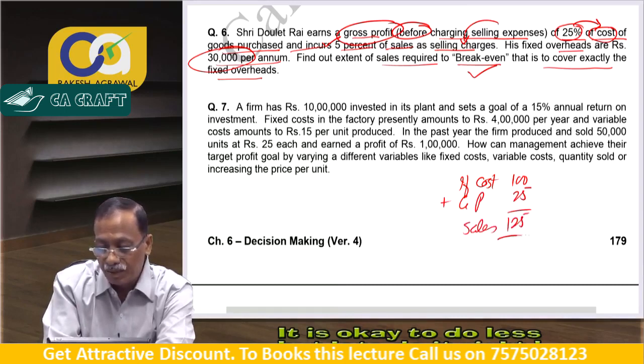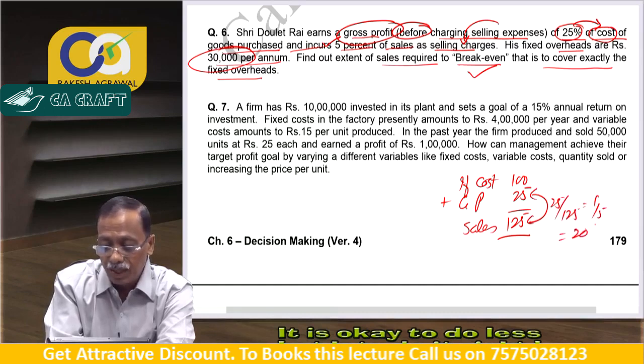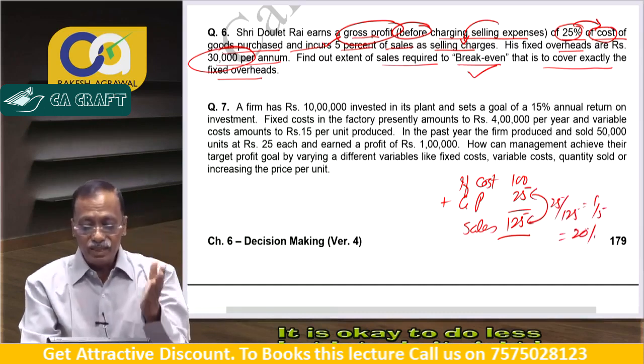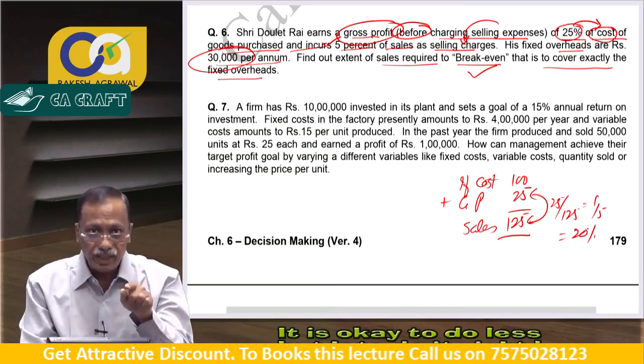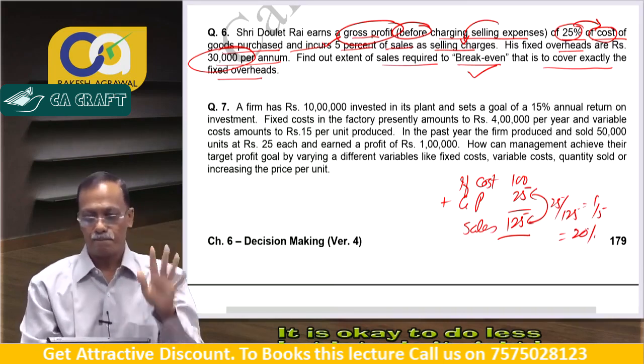Sales will become 125, and gross profit to sales ratio will be 25 upon 125, that is 1/5. 1/5 means 20%. It means gross profit is 25% of cost, which means 20% of sales.